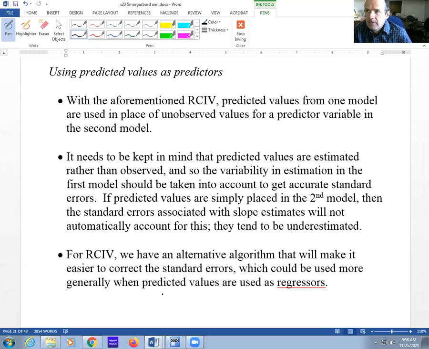So if you have predicted X values in regression, you can probably expect the standard errors to be underestimated unless you account for that variability in some way. And it's possible to use the regression calibration with instrumental variables in order to account for that extra variability and adjust the standard errors accordingly. You probably need to inflate your standard errors a little bit to account for that.